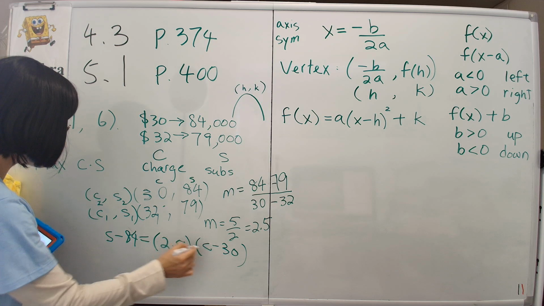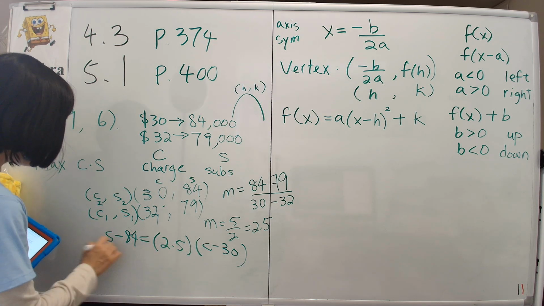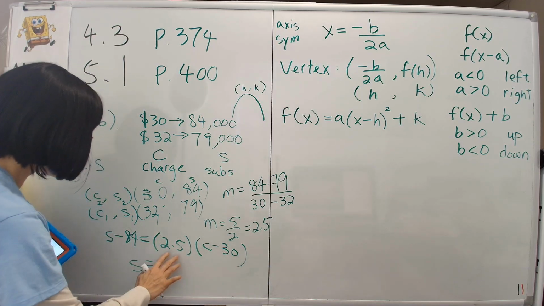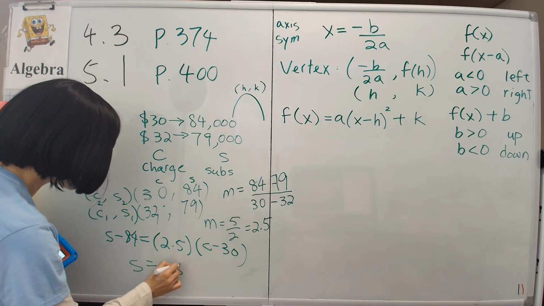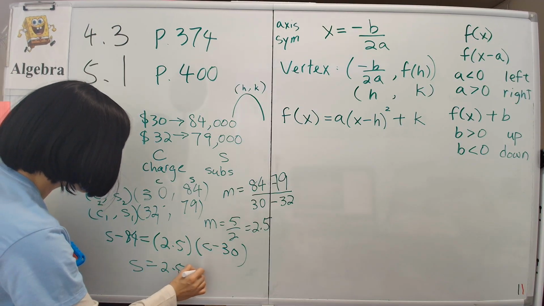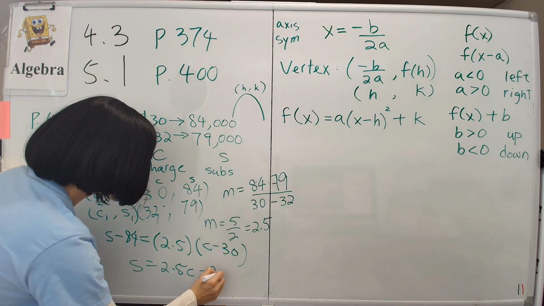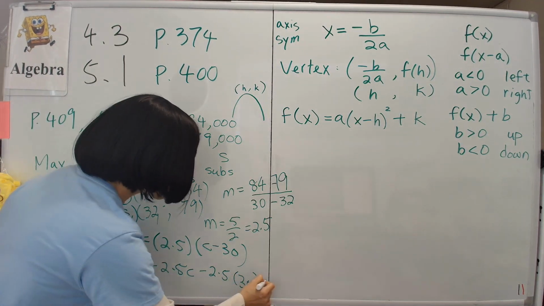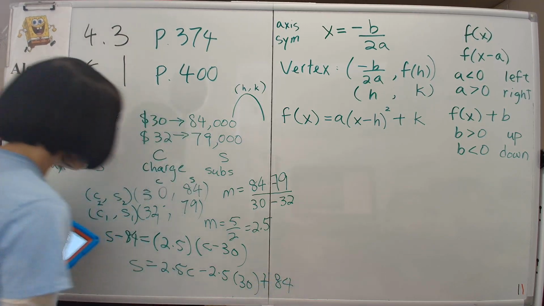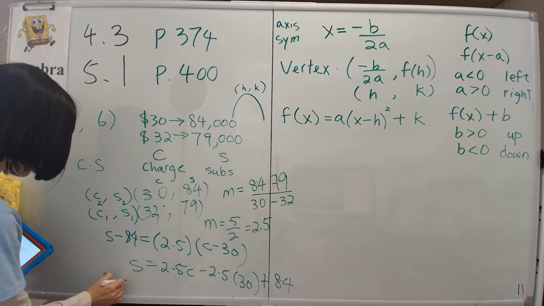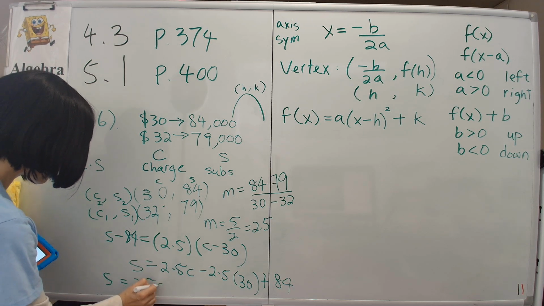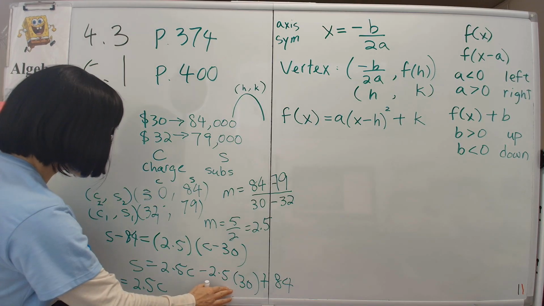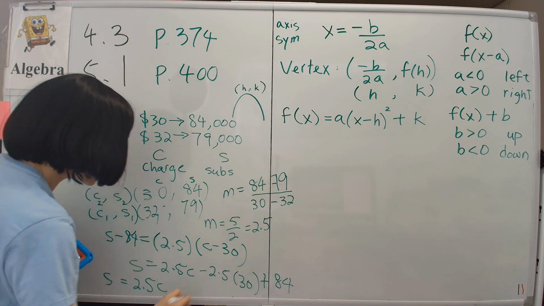So as a result, this is the relationship, and we will clean this up a little bit. S equal to 2.5C, minus 2.5 times 30, and then plus 84, putting the 84 on the other side. What is 2.5 times 30? 60, 75.